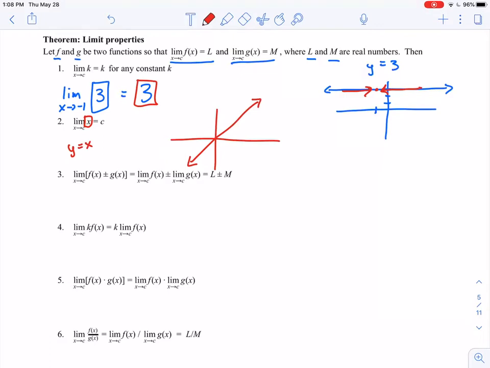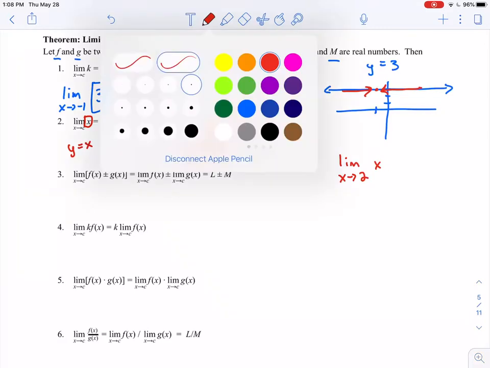And let's say I wanted to look at, we'll go over here just because we're running out of room, the limit as x approaches 2 of x. So let's say right here, 1, 2. I want to know what is the y value that I'm approaching.